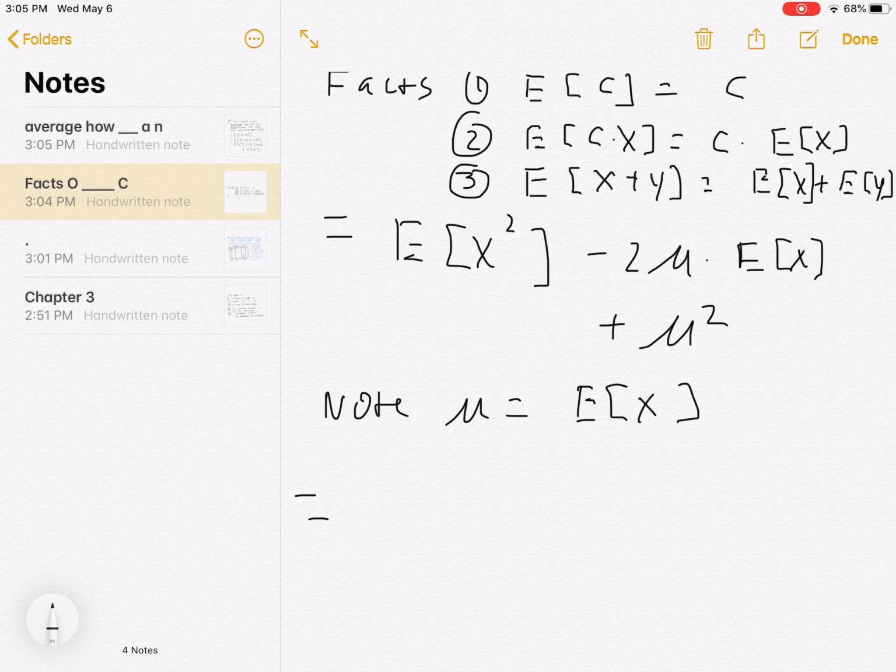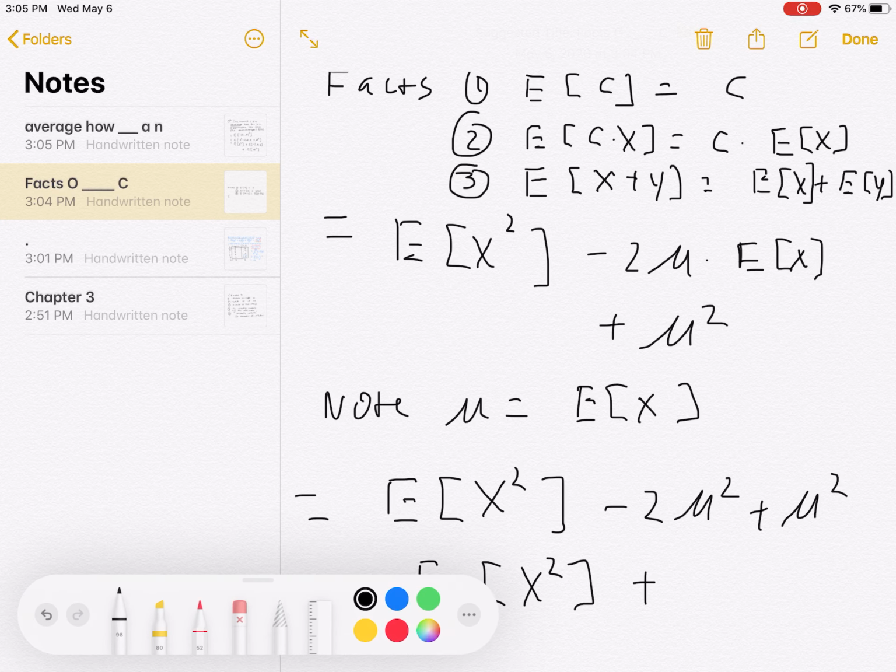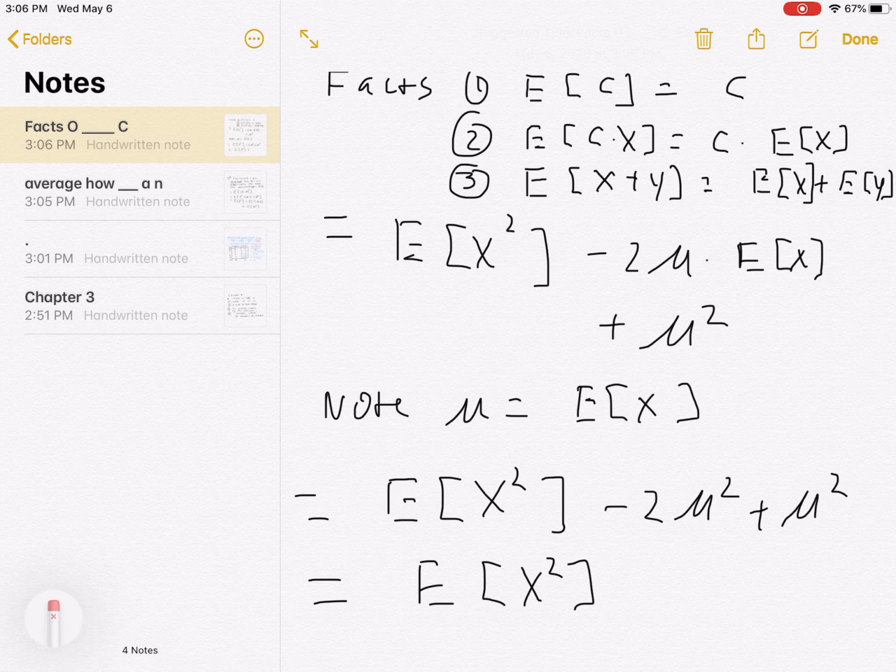So this just becomes E of x squared minus 2 mu squared plus mu squared. So if I had to calculate variance, that's going to be E of x squared minus mu squared. And that's often denoted by that symbol.